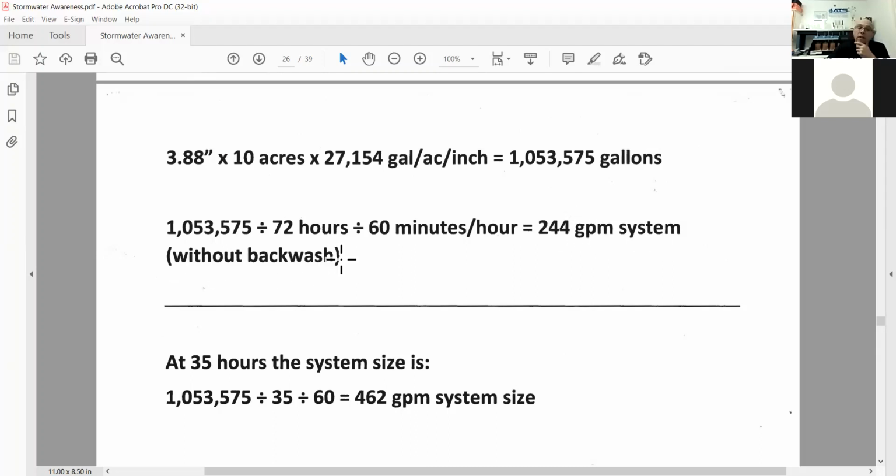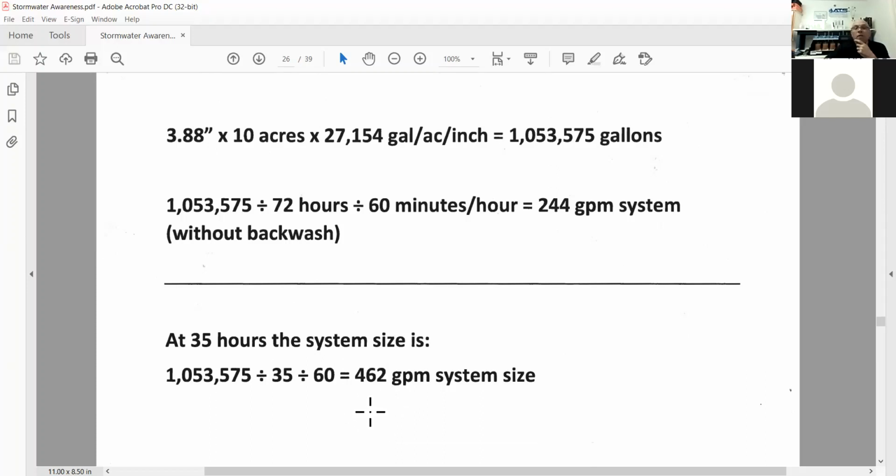That does not include backflush and does not give you a time for equipment breakdown or other mishaps that happen on a site. So use a 35-hour calculation. At 35 hours, the system size is this. You divide by 35, divide by 60 minutes, and you come up with a system size of 462 gallons per minute.